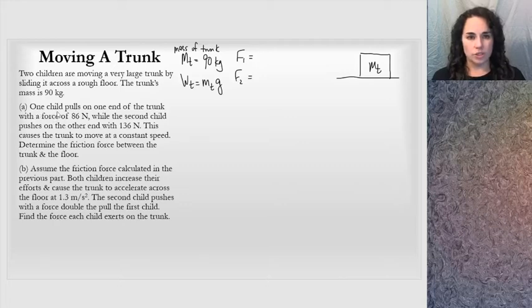It says one child pulls on one end of the trunk with a force of 86 newtons, while the second child pushes on the other end with 136 newtons. So I'll write down these quantities here. I know their values, and I'm going to note that one pulls on the trunk, and it's going to be a shorter vector than the other child that pushes on the trunk.